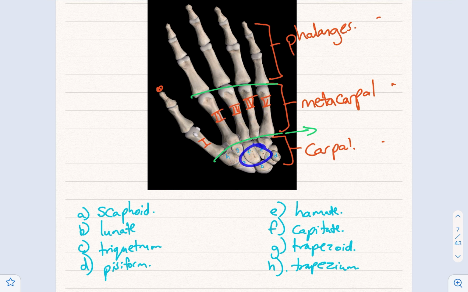So the joints between them will be called the carpometacarpal joint. Then these are the metacarpals, and these are the phalanges, so those joints would be the metacarpophalangeal joints.